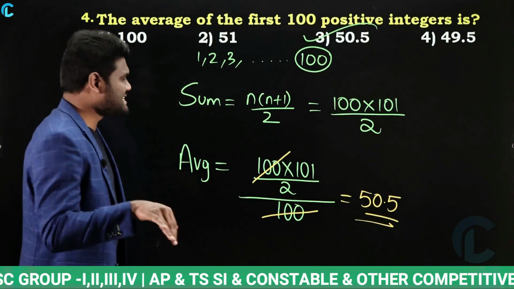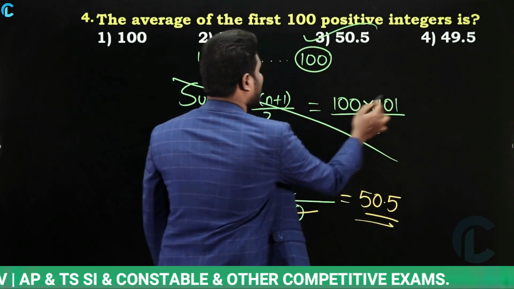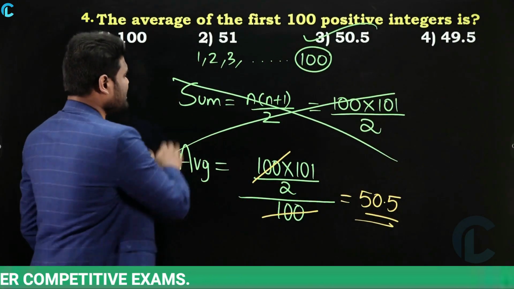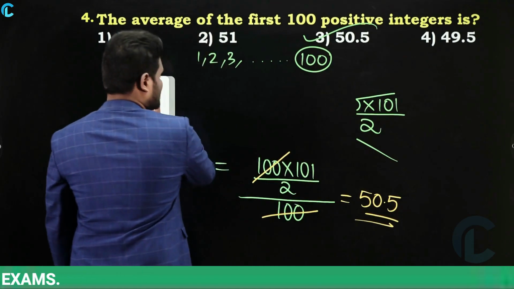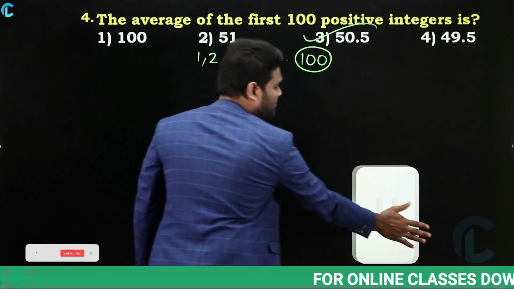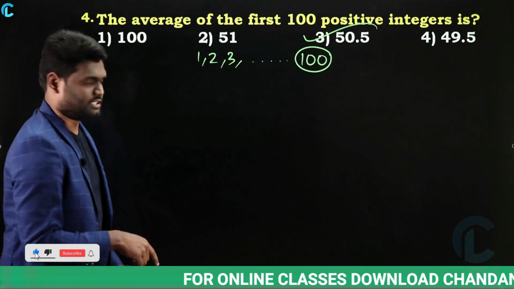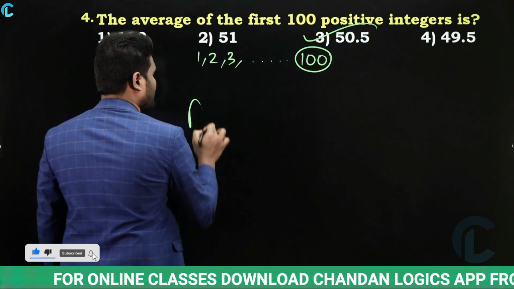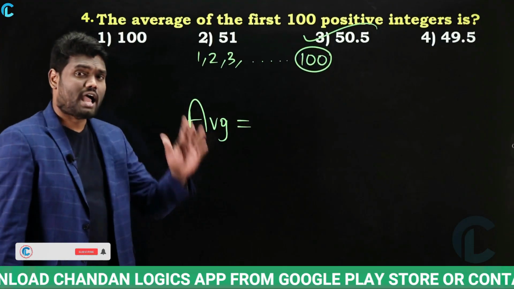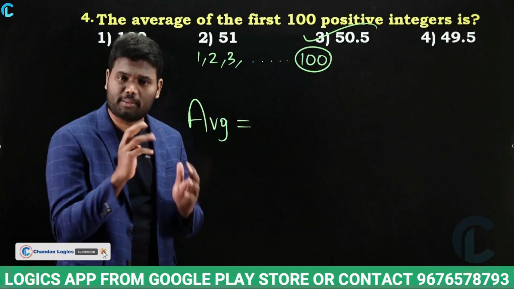But truly speaking, from an examination point of view, even this calculation is not required. You can mark this question much faster. The reason is the given series is in arithmetic progression. As the given series is in arithmetic progression, you do not need to do all this calculation. If someone asks you to calculate the average, what I have told you is: highest number plus lowest number by 2.